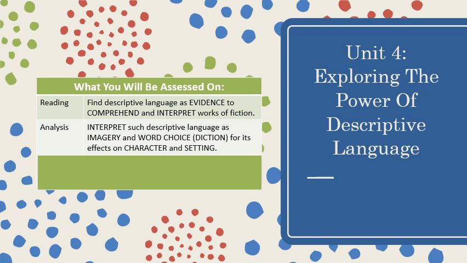We worked on diction and talked about diction in the previous unit. You also were working on using imagery and diction to establish characters and settings. So these are things that you have done in the past, or I have asked you to do in the past, and now we're just going to be working with them in a different way, right?